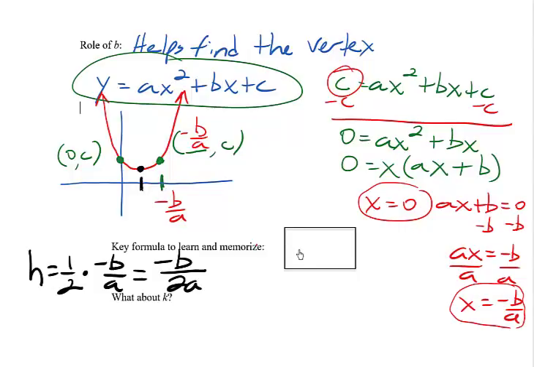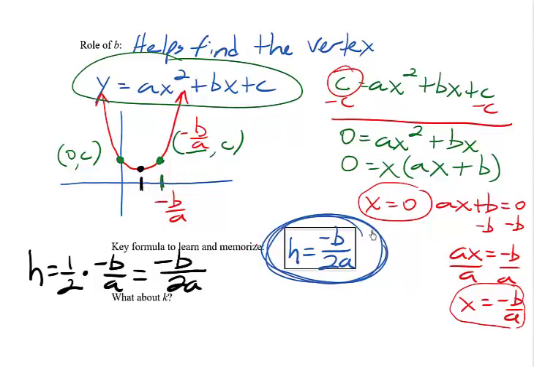Well, we have just come up with this critical formula for finding the h part of the vertex. It is h equals negative b over 2a. This is a formula that you really need to commit to memory. You're going to use it every single time you're in standard form and you want to know something about the vertex.